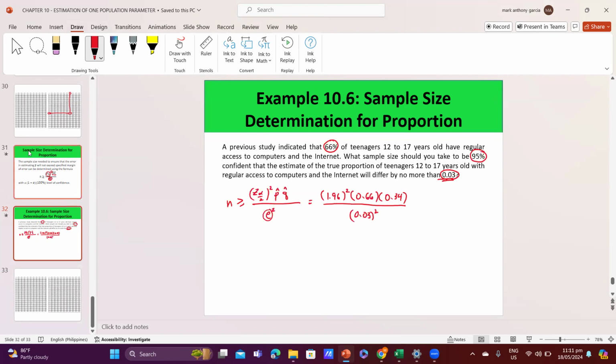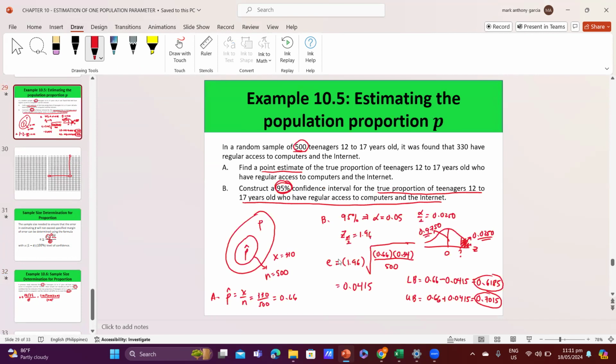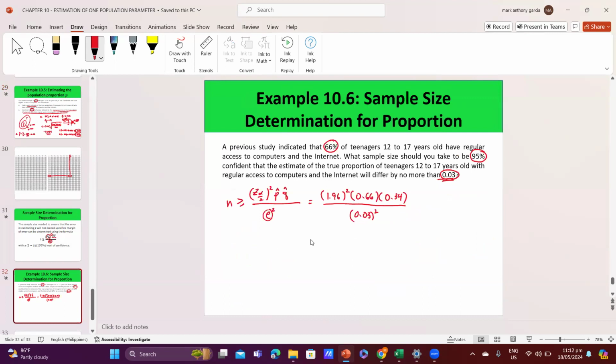Now observe that in example 10.5, our original margin of error is 0.0415. So in example 10.6, we want to know the sample size that we need to take if this margin of error would decrease to 0.03. So which means that we are expecting that our sample size would increase.